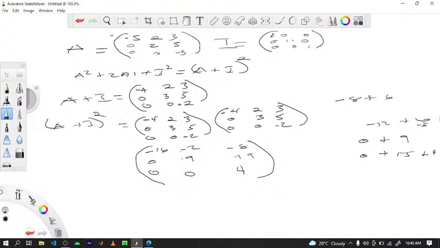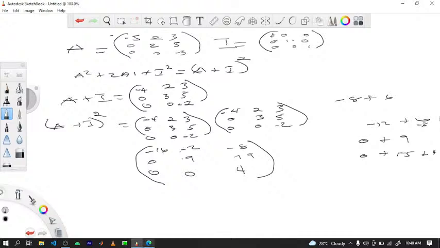Okay. Now, that is for the squared, right? That is for the squared. And it's going to give us what? Okay, so we are getting this quantity here as A plus I squared.